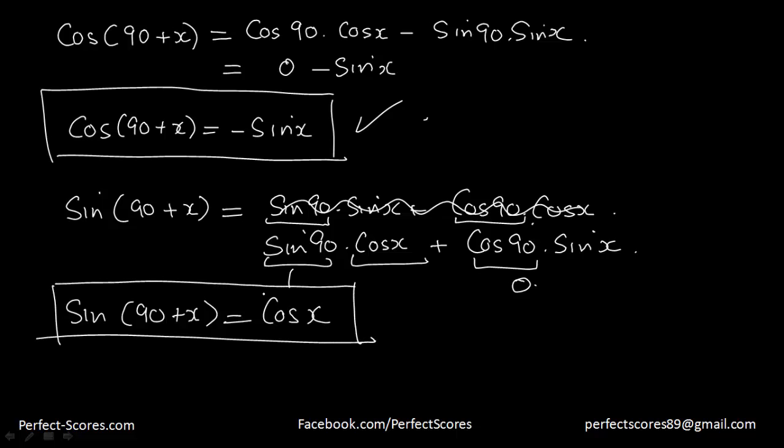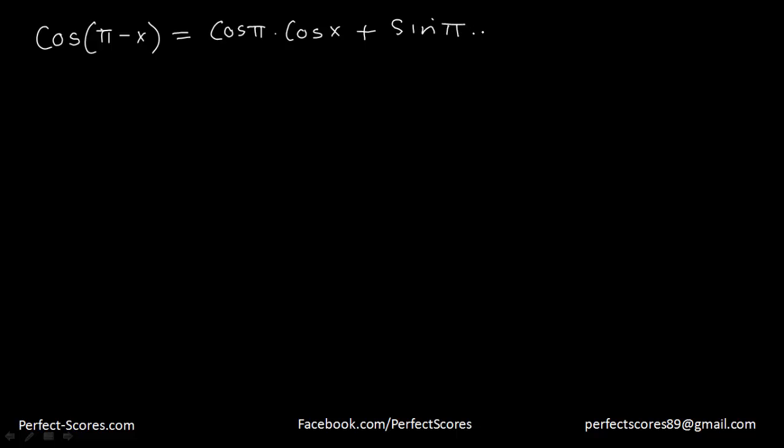In fact, you don't need to learn these expressions, because you already know the value of cosine of x plus y and cosine of x minus y. Just a few more important expressions that you can actually use, that is cosine of pi minus x, right? So the cosine of pi minus x is going to be equal to cosine of pi into cosine of x plus sine of pi into sine of x.